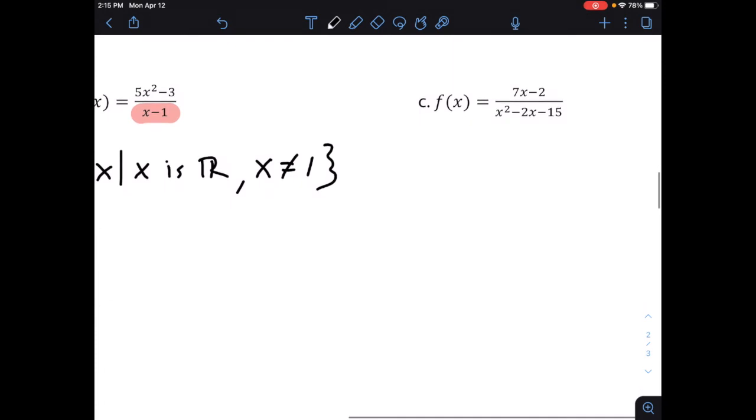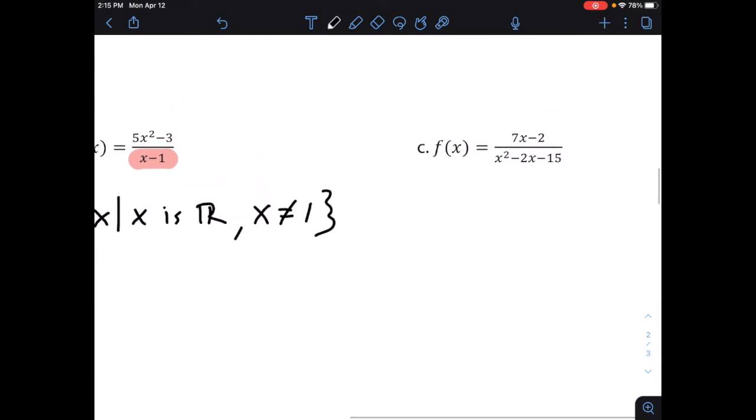Now, sometimes they're not so simple because the denominator is an expression of some sort. And so what we have to do here is go back to what we learned last quarter, and that's factoring. I'm actually going to factor that denominator.